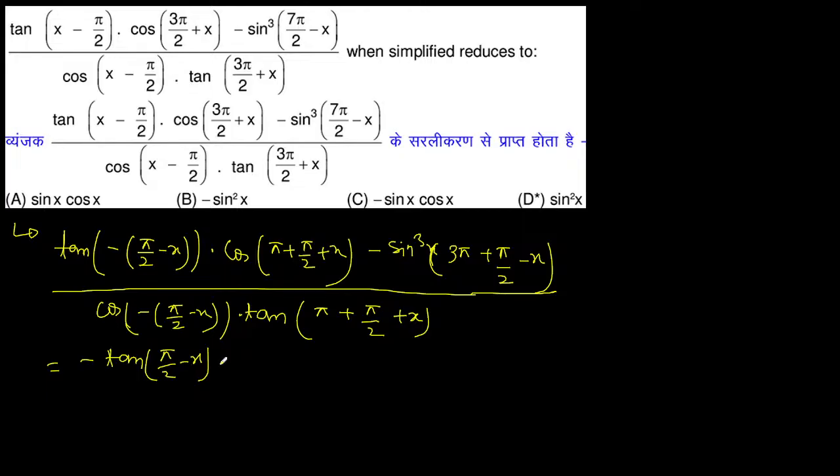Cos pi plus theta is minus of cos pi by 2 plus x.